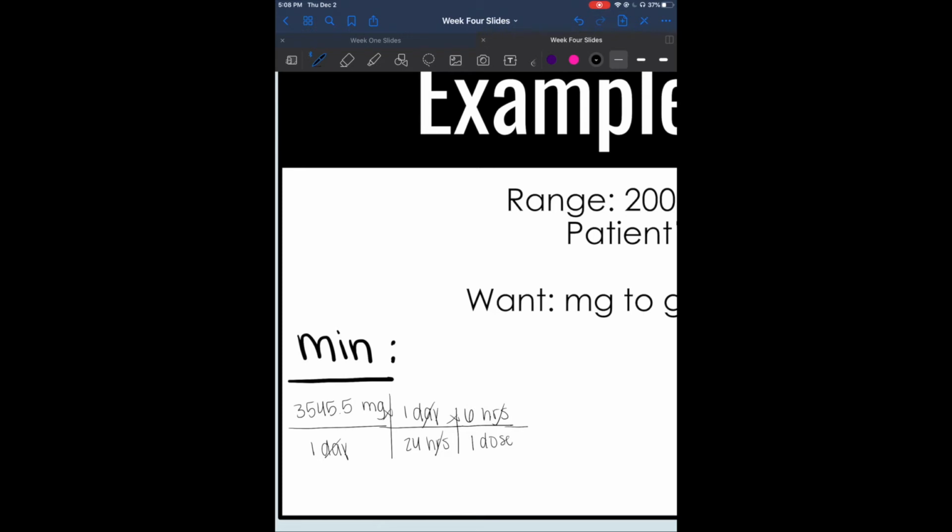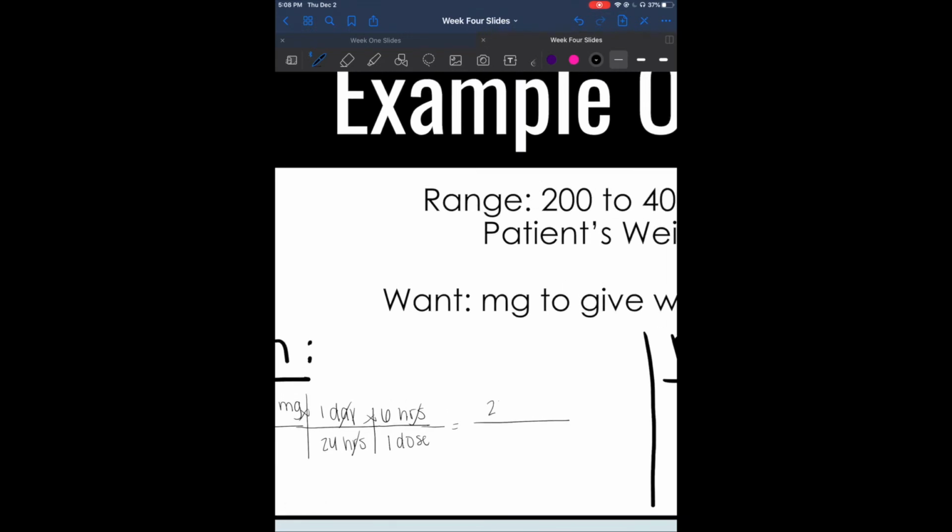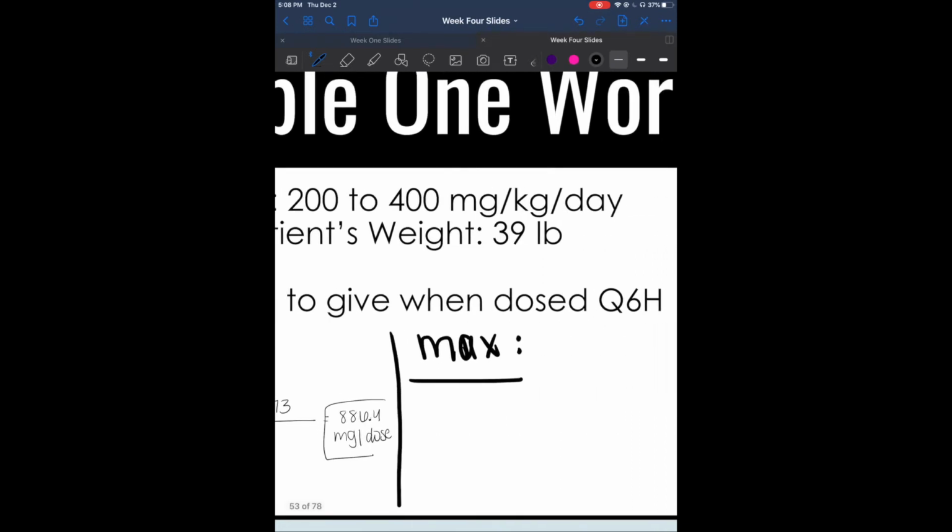We can multiply across the top and bottom. So if we dose every 6 hours, we're going to end up giving a minimum of 886.4 milligrams per dose. And same thing for the maximum here.